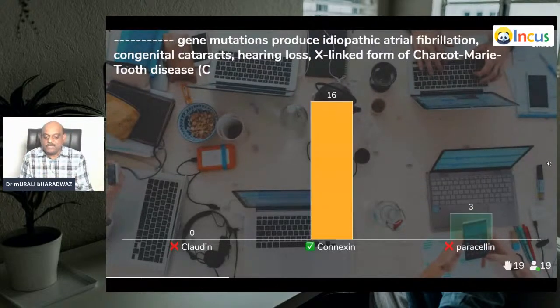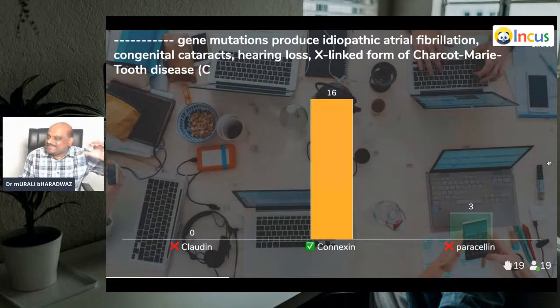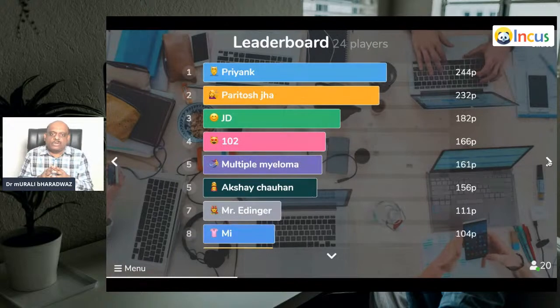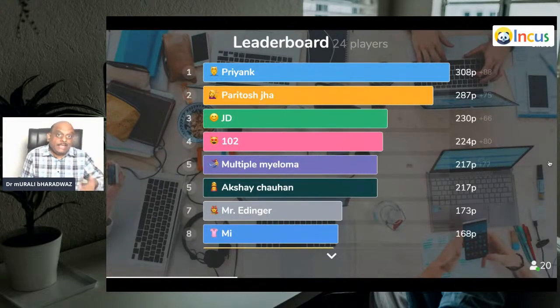So, doctor, which gene mutations lead to idiopathic atrial fibrillation and the X-linked form of Charcot-Marie-Tooth? It is the connexin mutation. Please don't forget. All these molecular things are standard things in the question bank, if you look at the previous AIIMS, All India, NEET PG, FMG question papers.